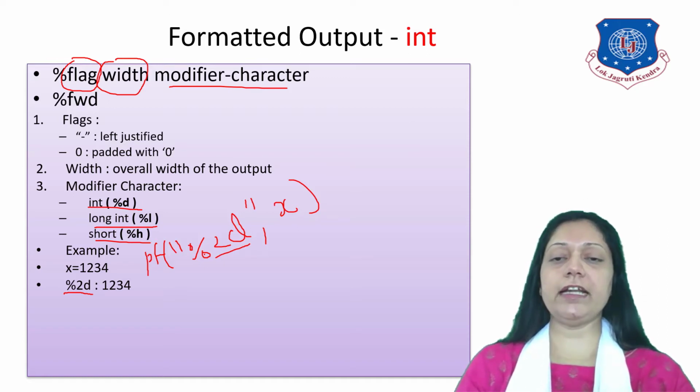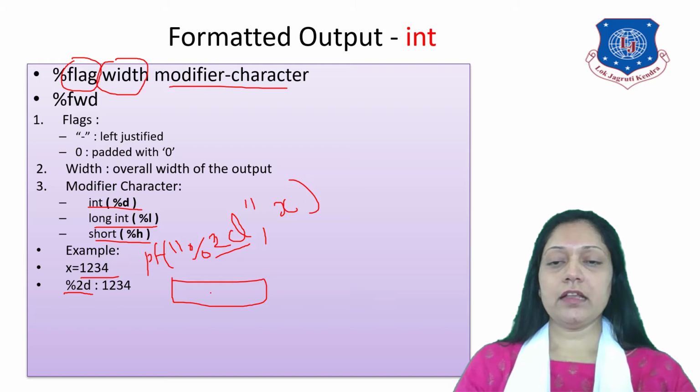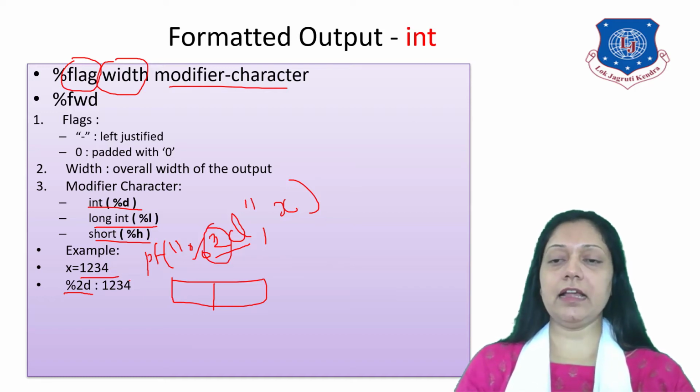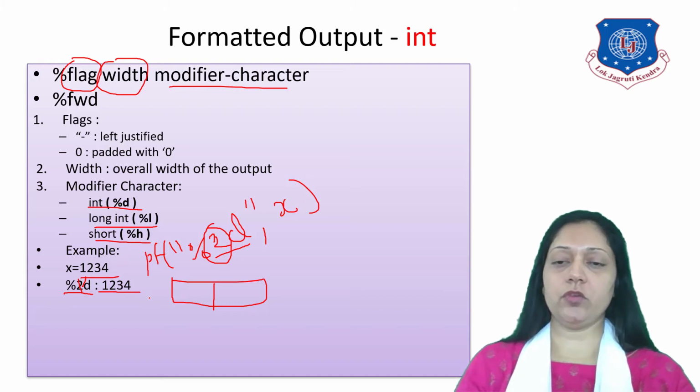Instead of writing simply %d, I have written %2d, where 2 means the width. So I want to display the value 1234 in a width of 2. Since 1234 requires a minimum of 4 places, a width lower than this will be ignored by the compiler, and you will simply get the output 1234, because you cannot cut the 4-digit number down to 2 digits.